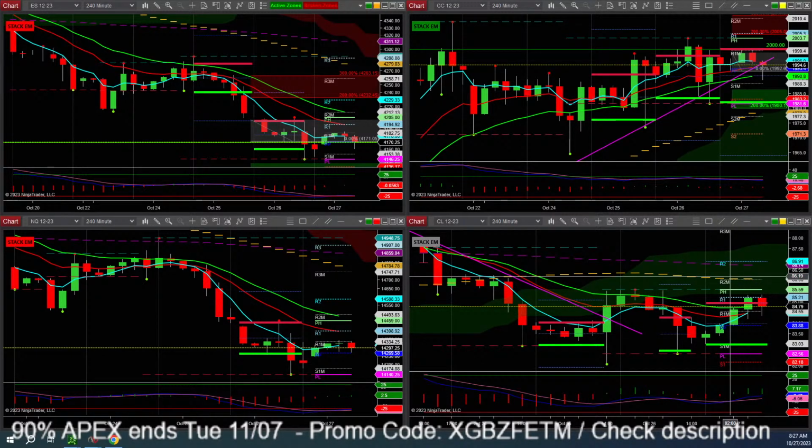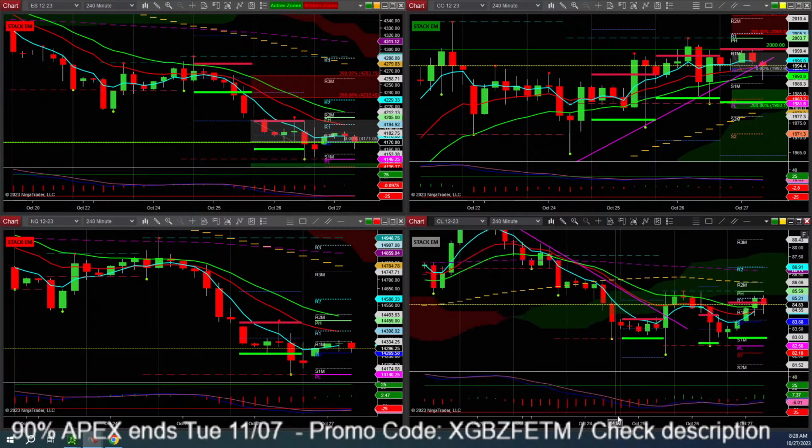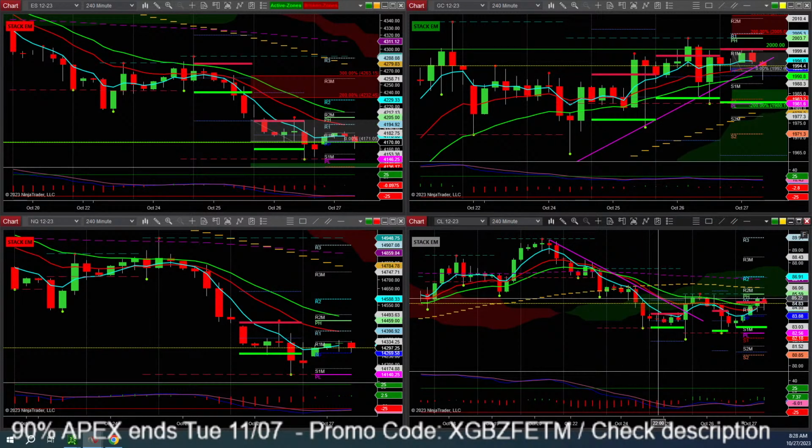Look at the 240 minutes, and the 240 minutes seems that it's moving back above this range here. So it's in the range. So you have down, up, could move down and then go up again. We are ranging here. We are in compression, but it moved above this diagonal here.